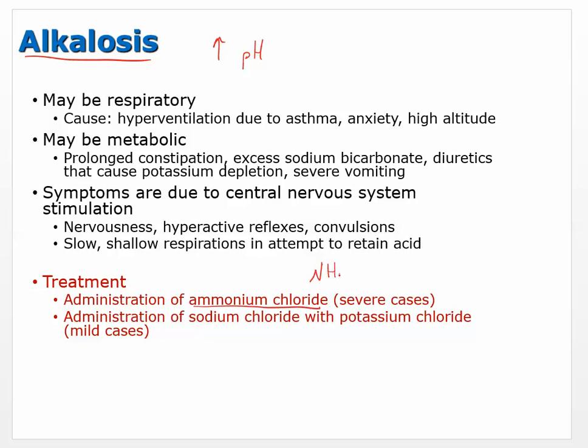All right, so treatment: administration of ammonium chloride. Ammonium chloride has an NH4, so this is actually going to contribute hydrogen ions ultimately. And administration of sodium chloride with potassium chloride. Even though we think of sodium chloride as neutral, and it is neutral, the interactions in the cells and the body will lead to production of more acid.